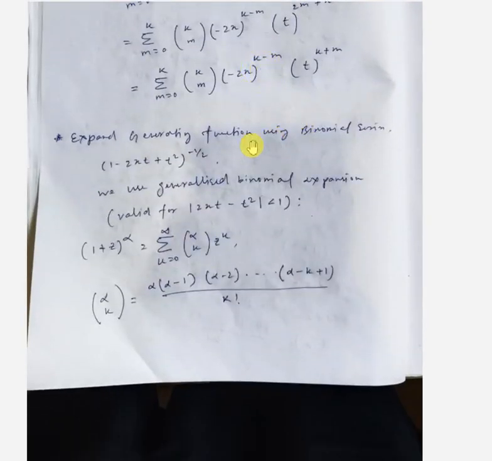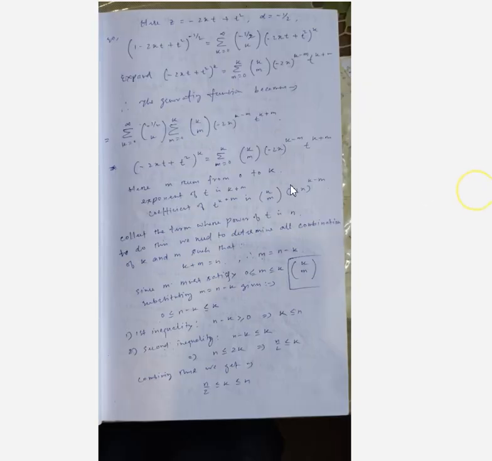So we can expand the generating function using this binomial series. We can take this as |2xt minus t square| less than 1, and then (1 plus z) to the power alpha, we get the sum from 0 to infinity of alpha choose k times z to the power k. So alpha choose k will be alpha times (alpha minus 1), (alpha minus 2), up to (alpha minus k plus 1), divided by k permutation.